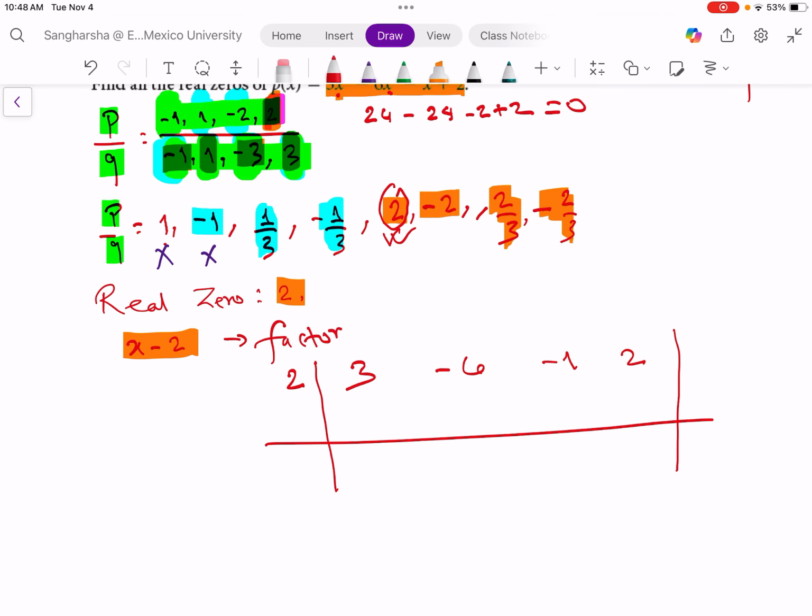So you bring down the first coefficient 3. 3 times 2 is 6, so this is 0. 0 times 2 is 0. Negative 1. Negative 1 times 2 is negative 2. 0. So this is our remainder r of x.